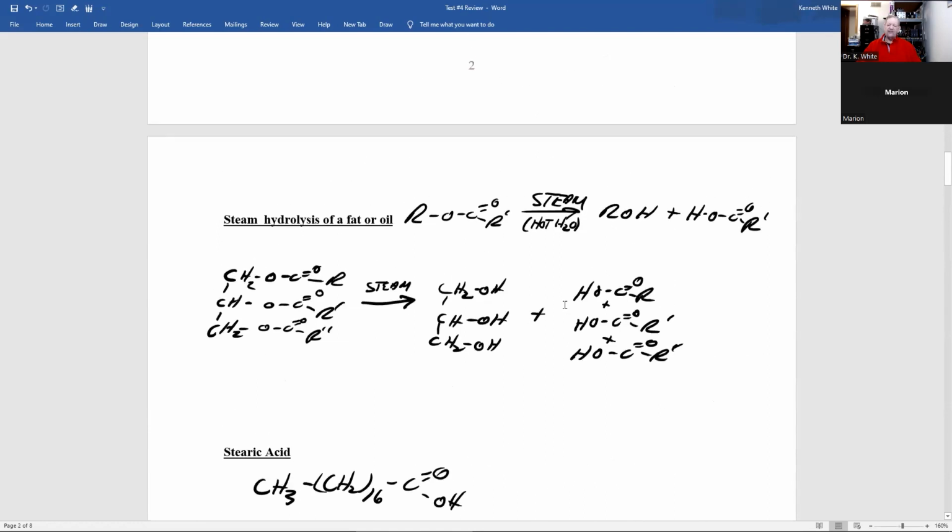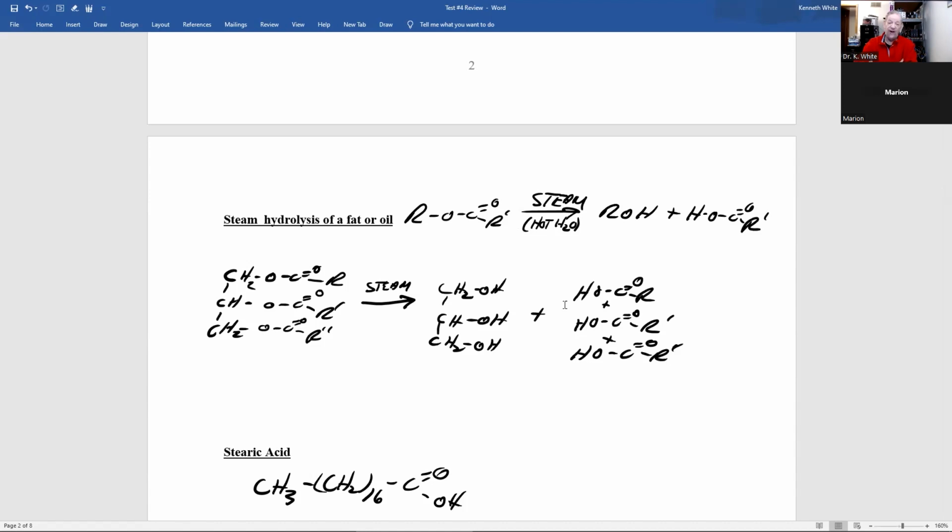Now, one that I taught you, because I worked in the chemical and fats and oils industry, is if you have steam reacting with an ester. And steam is hot water. You can catalyze a reaction, make it go quicker, by chemical means, acid or base, or, for a lot of reactions, by running it at a higher temperature.